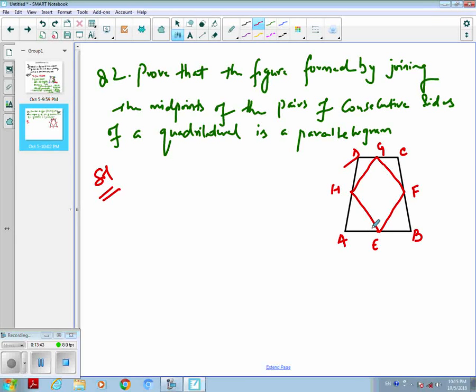We have to prove that EFGH is a parallelogram. Now how will we do this? Let us see.